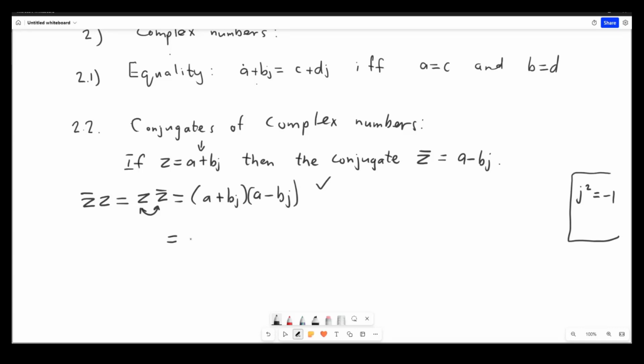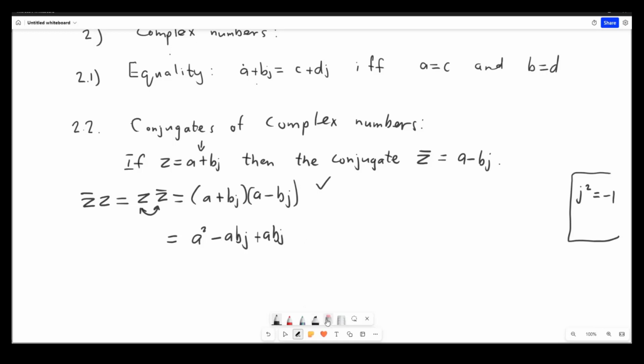So let's do that. a multiplied by a is a squared, and a multiplied by minus bj is minus abj. And now I consider bj. I multiply bj with the other two terms in the next factor, okay? So now I say bj times a. This is abj, because ab is equal to ba.